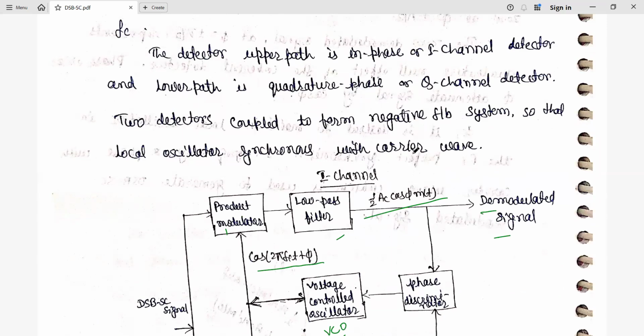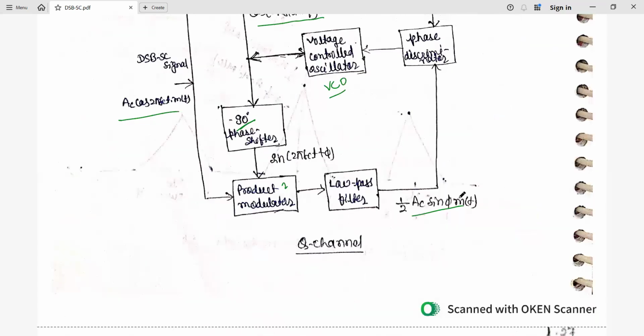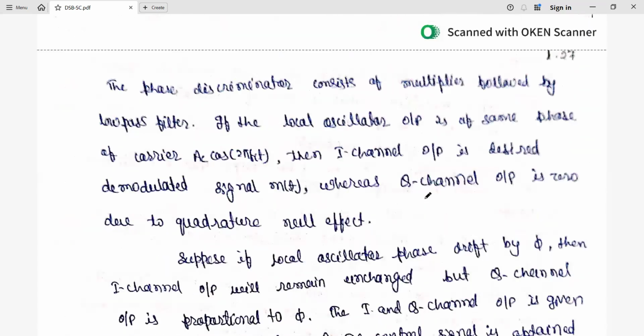The phase discriminator tries to adjust that error, and again the I channel will be the demodulated wave, and it has a negative feedback system. So the local oscillator is synchronized with the carrier wave, and Q is for quadrature.